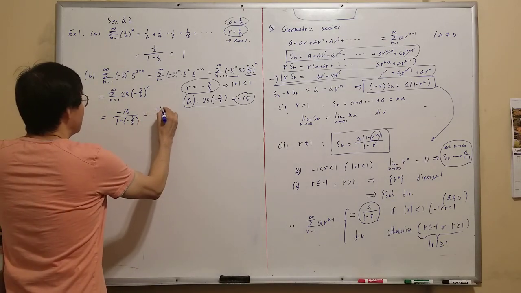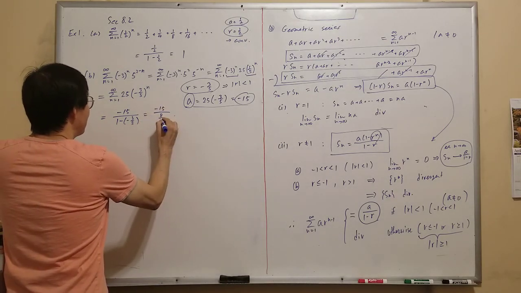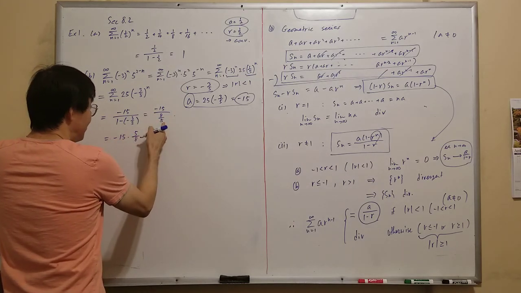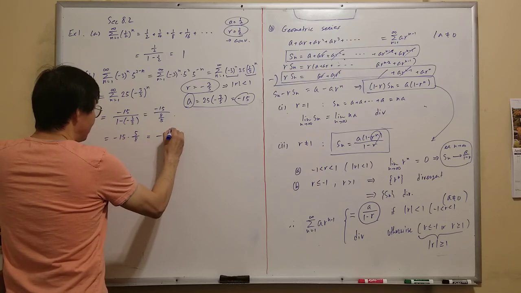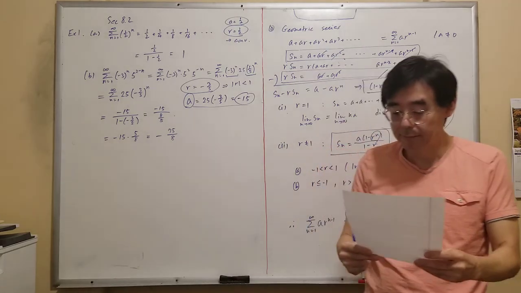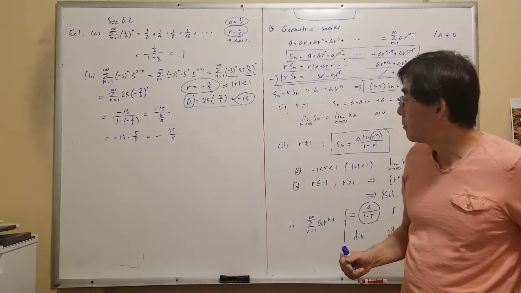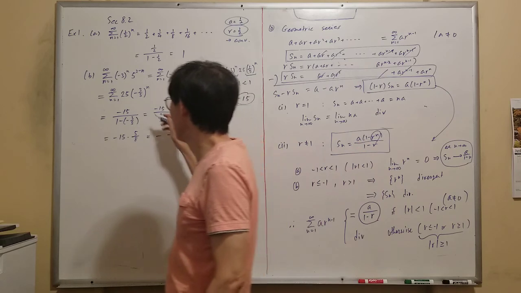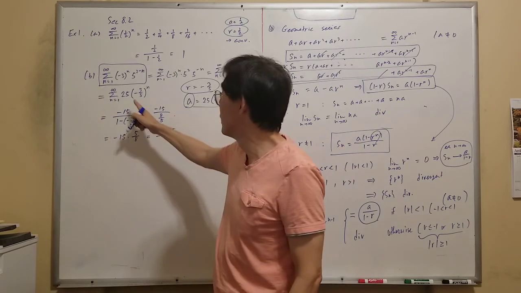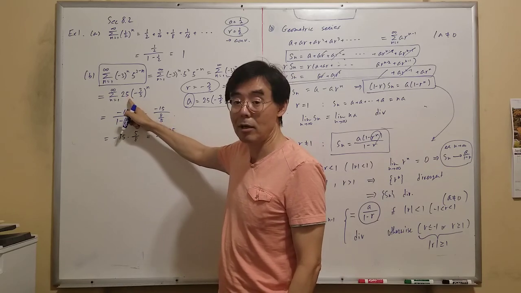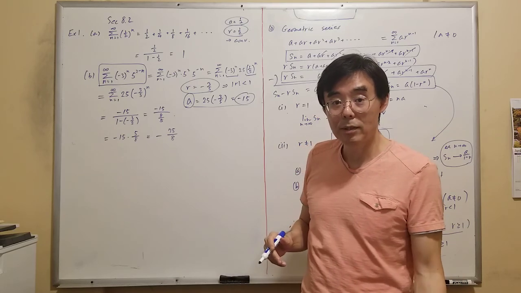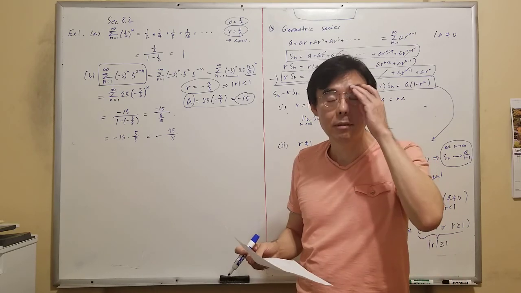So this is minus 15 over 8 over 5, dividing by this one, 75 over 8. Okay? So the key here was to rewrite this as some constant times something to the nth power, to figure out what the common ratio is. Okay?